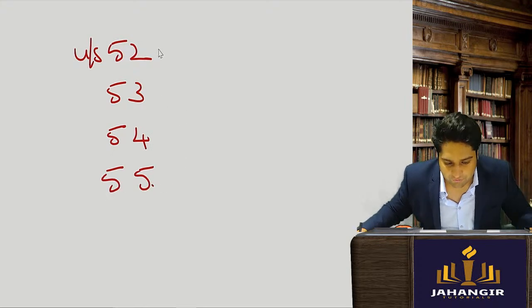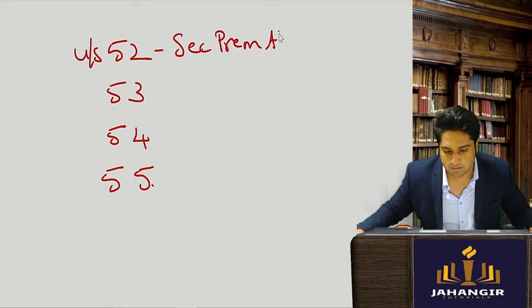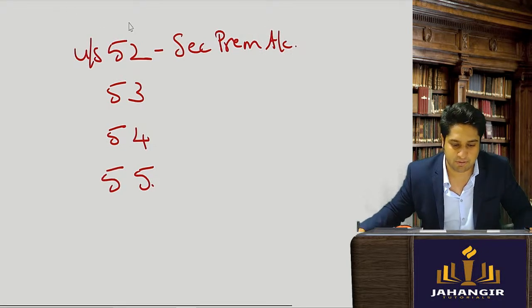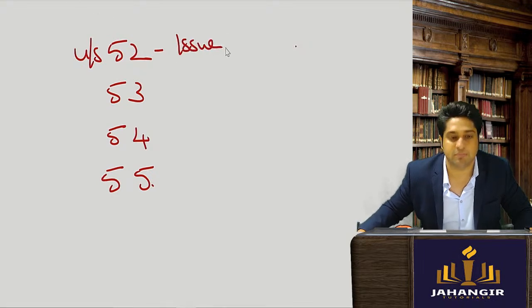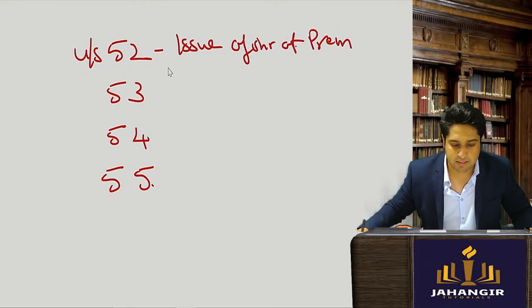What does section 52 talk about? It talks about securities premium account. We will see what is securities premium and issue of shares at premium. I want you to write it with me so you can quote it in your exam: issue of shares at premium.